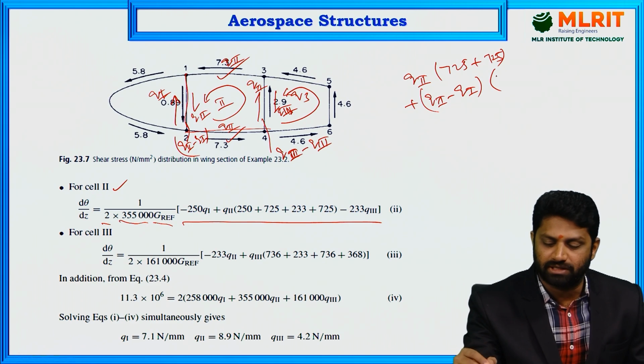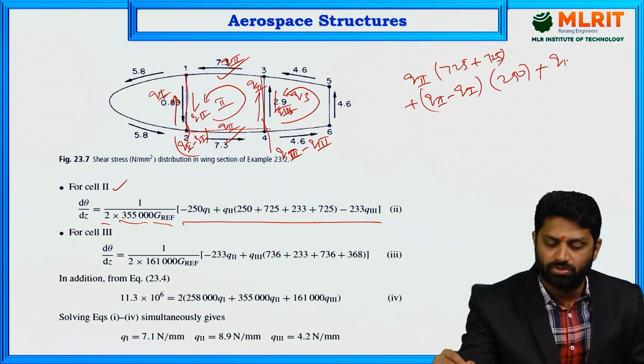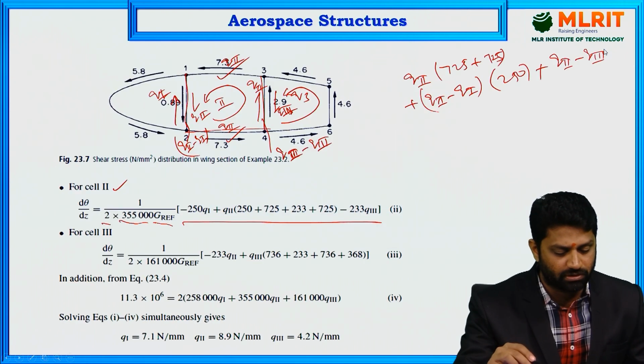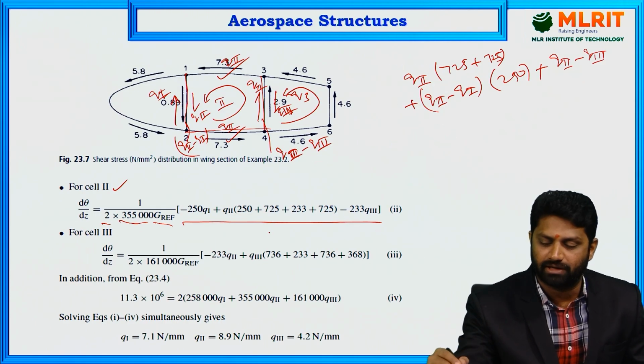So now let's write 250. Similarly, for wall 3 4, the shear flow would be Q2 minus Q3 into delta of 3 4. What we got for 3 4? 3 4 delta is 233, and we'll write right here, it is 233.